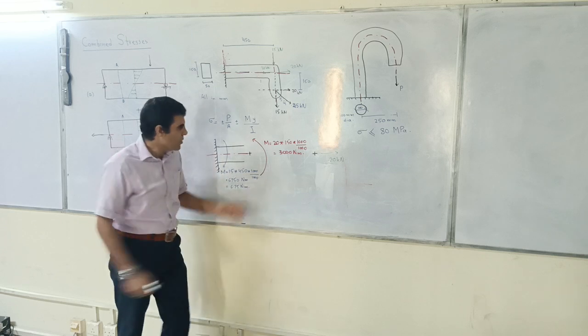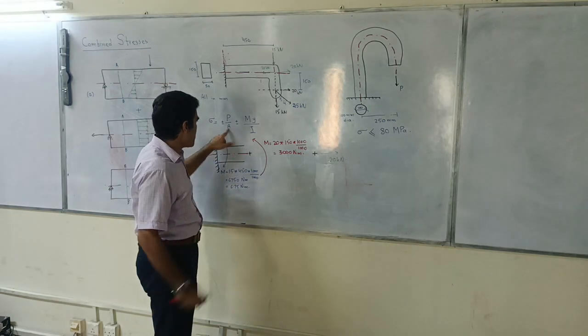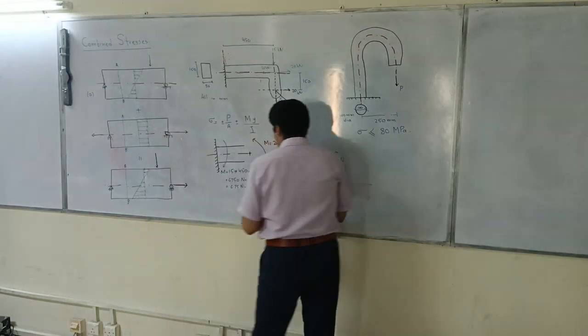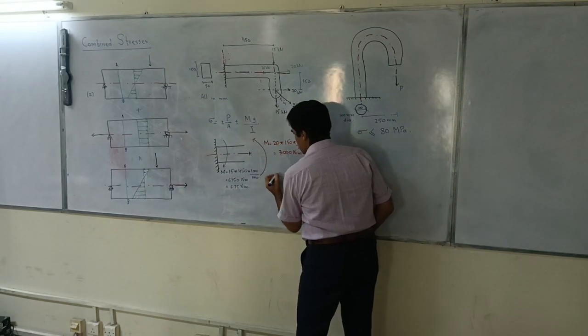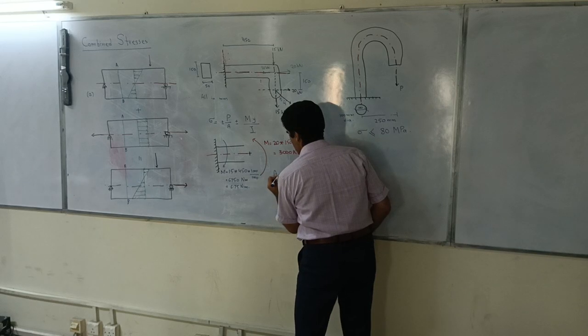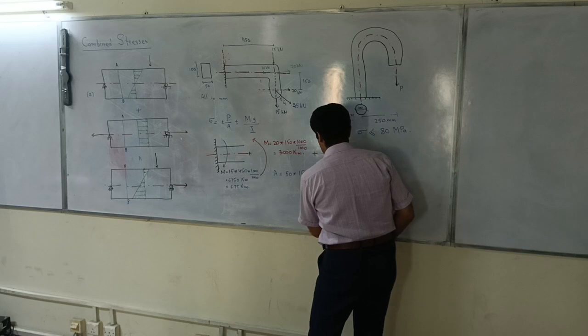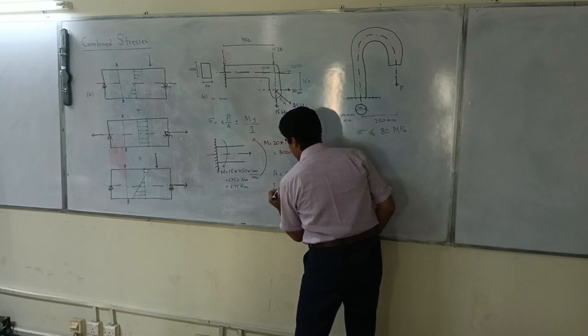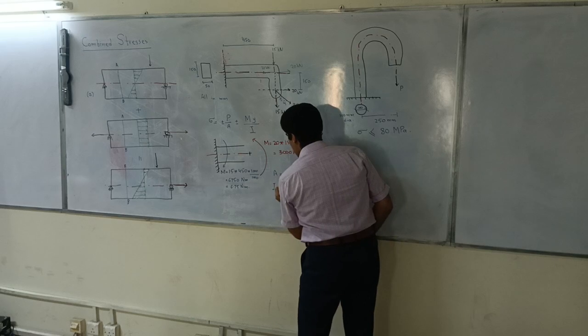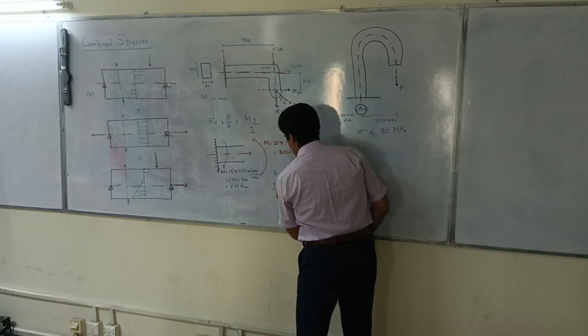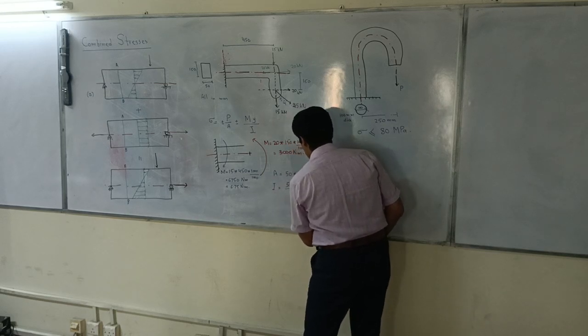Now in this equation we have area. So area we already know, area is equal to dh. We have got moment of inertia, which is dh cubed by 12.